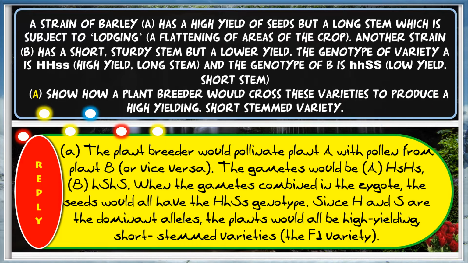Since capital H and capital S are the dominant alleles, the plants would all be high-yielding and short-stemmed variety, the F1 variety.